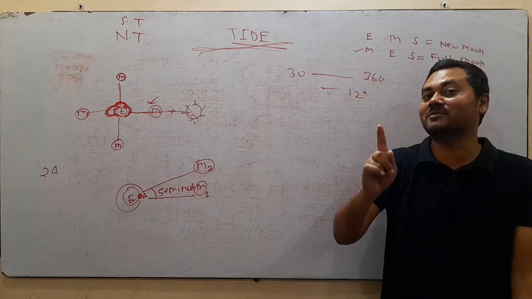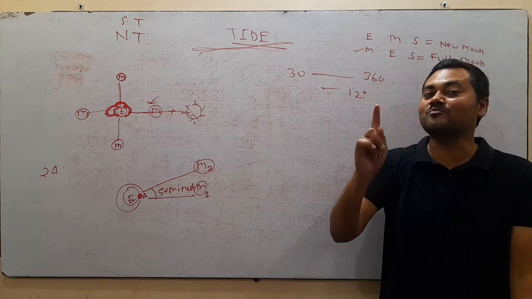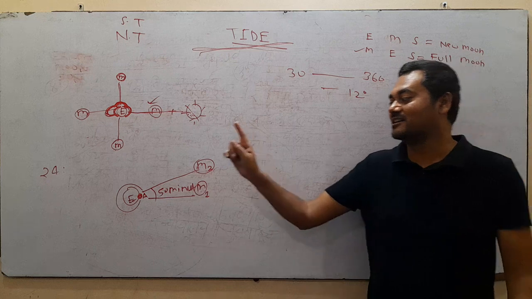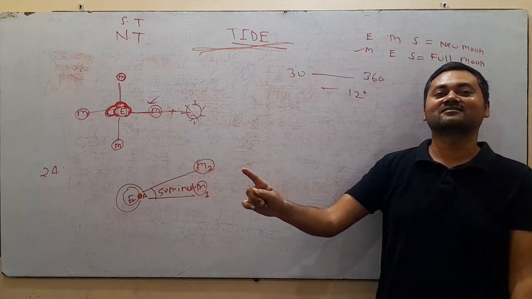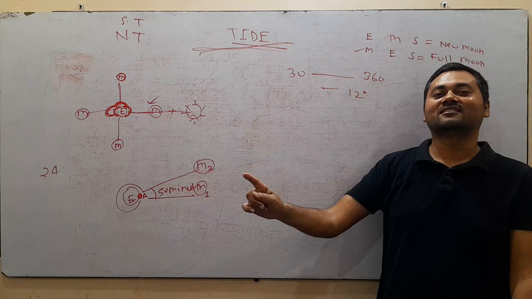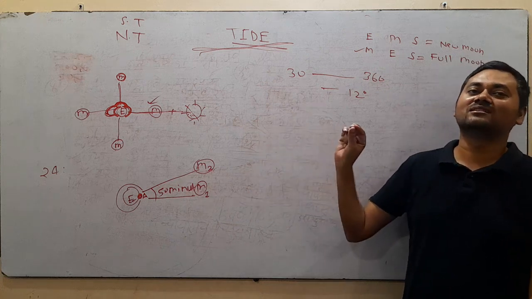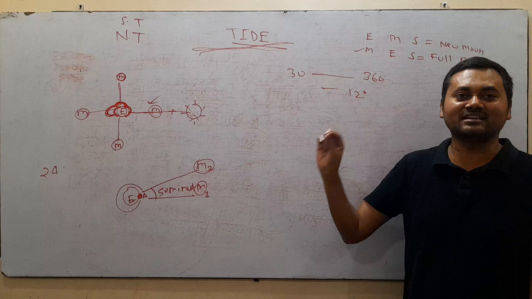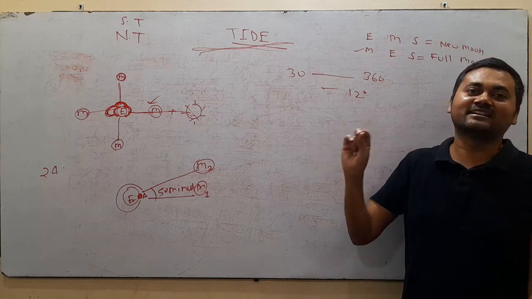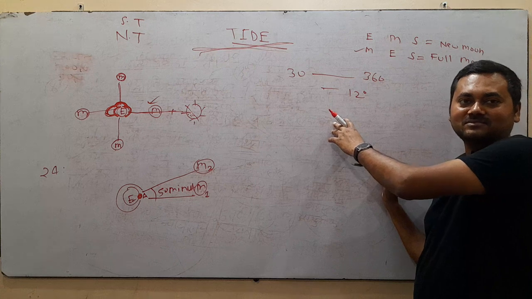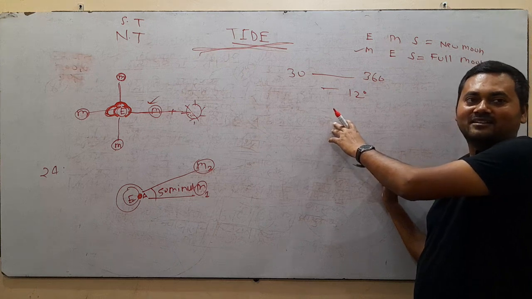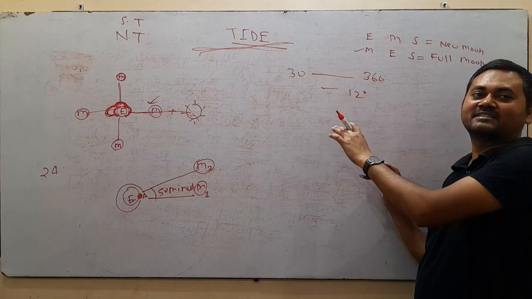So if you are able to calculate how much distance will be covered by the earth in 24 hours, after that you can very easily calculate the exact time. So this is the 12 degrees in one day. What does it mean?